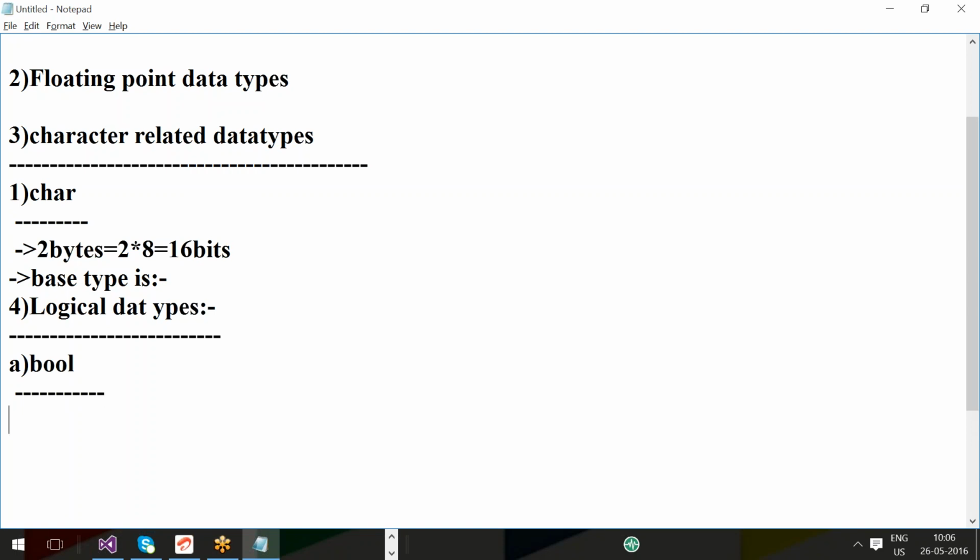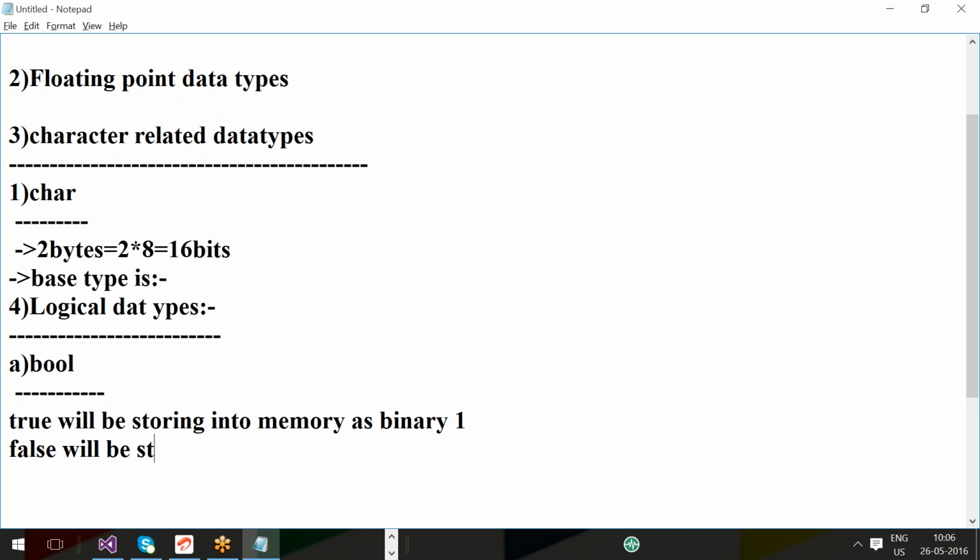True will be stored into memory as binary 1. False will be stored into memory as binary 0. Binary 1, binary 0.